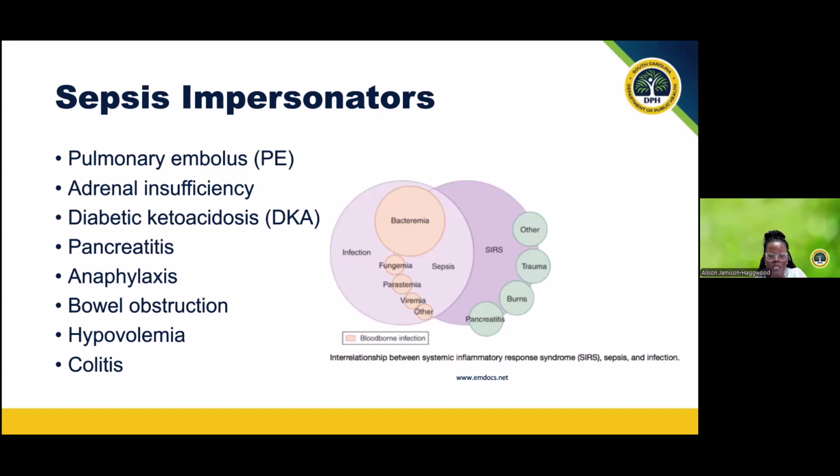And so all of these conditions have a commonality, and they trigger a systemic reaction that looks just like sepsis. So you may think, oh, this person has sepsis, but that's what we continue to assess to see what's going on with this patient. And again, time is of the essence to treat these conditions due to increased chances of mortality, because these are life-threatening conditions as well that need to be treated immediately.